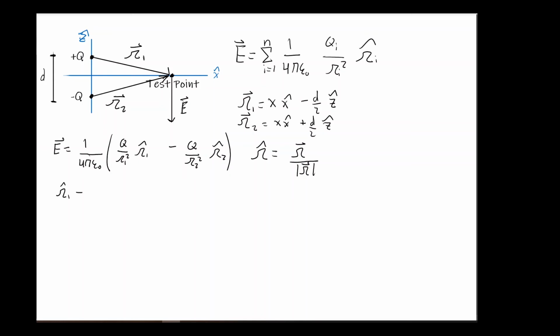So now when we establish our curly r1 hat and curly r2 hat, we're going to get the following. For curly r1 hat, we get x hat minus d per 2 z hat divided by the square root of x squared plus d squared per 4.